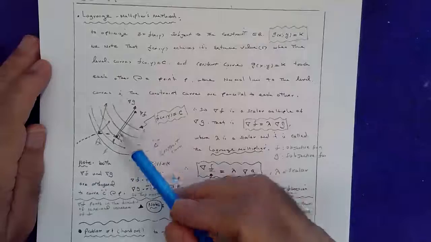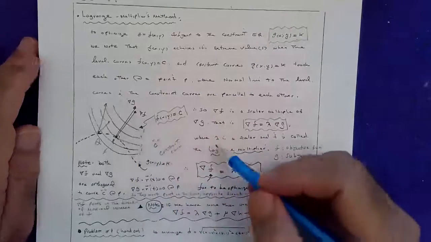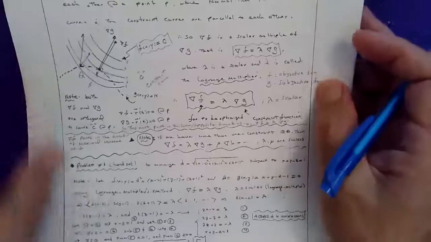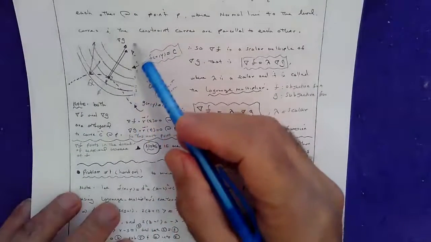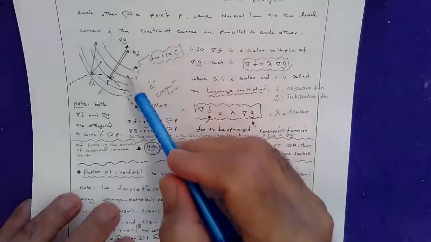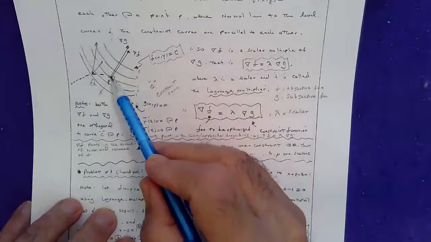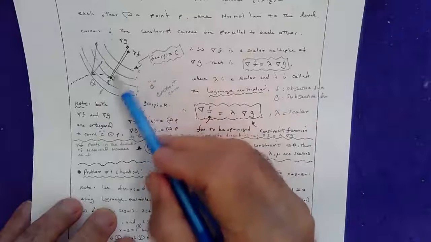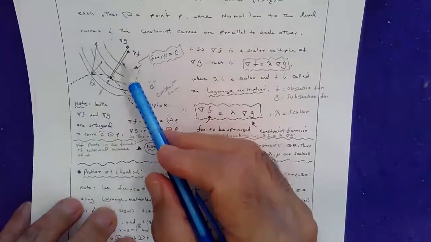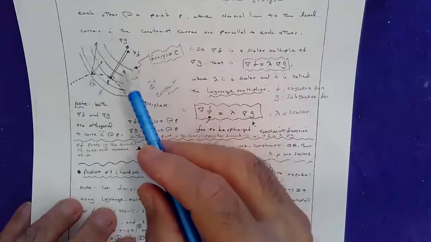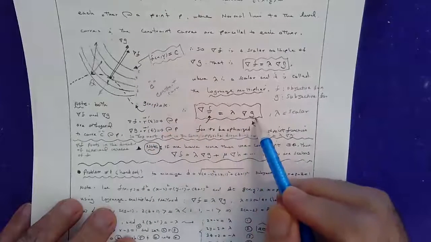In other words, regardless of which way these point, they are going to be parallel. These normal lines to the level curves and the constraint curve at some point are going to be parallel. From chapter 12, we learned two vectors are said to be parallel if they are scalar multiples of each other.